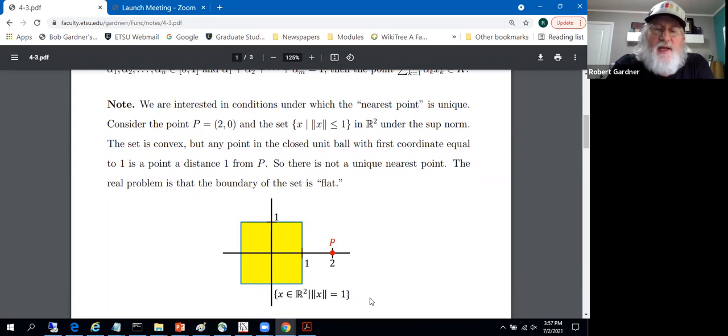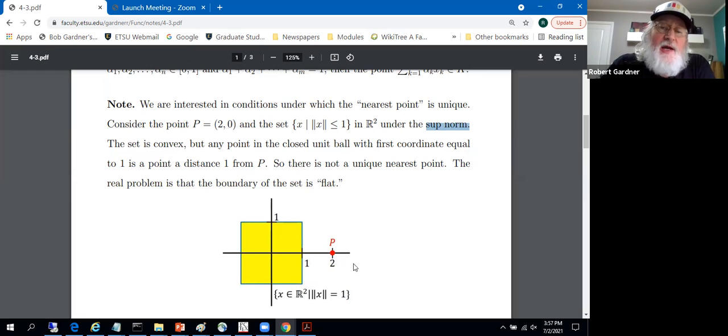We had this very similar picture a few sections back. And we want to find the distance from point P to this set, the unit ball. Of course, that distance is 1 with respect to the sup norm. So we're using the sup norm, and that's the reason the unit ball looks the way it does.